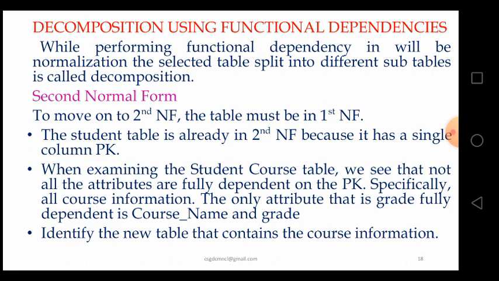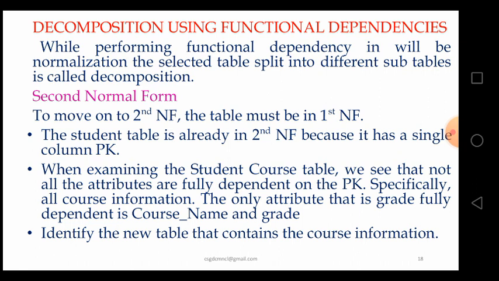The student table is already in second normal form because it has a single column primary key. When examining the student course table, we see that not all attributes are fully dependent on the primary key, especially all the course information.